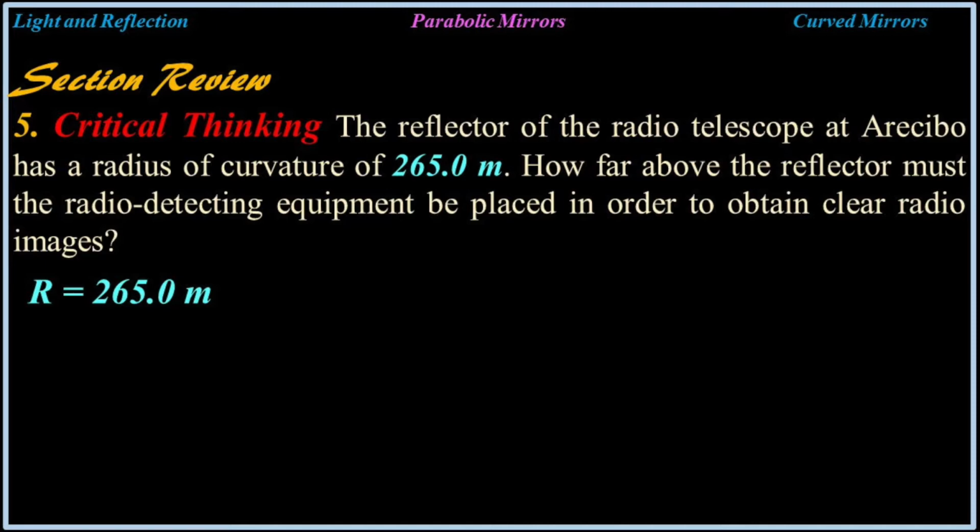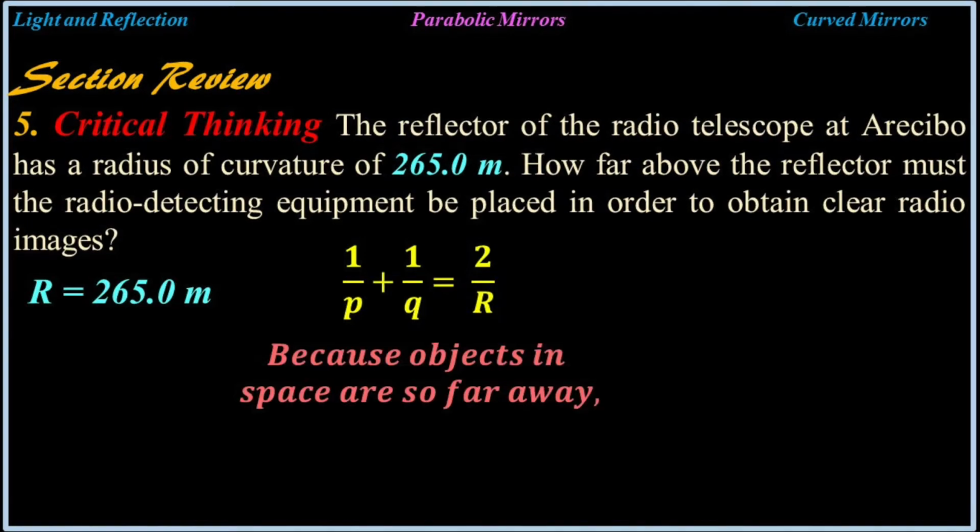Capital R is 265. And what is going to be the relationship? What is the name of the place where you're going to put the collecting equipment? P is infinite, because you're collecting stuff from outer space. 1 over P approaches 0.